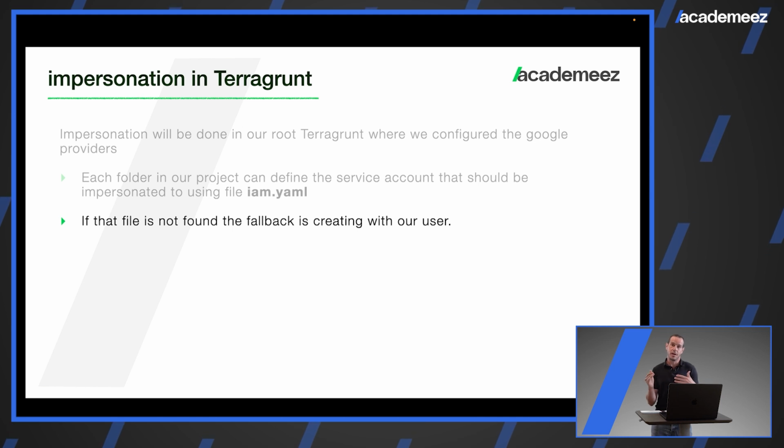If you're in a folder which does not have an IAM file, then it will go to the parent, or the grandparent, going up the hierarchy until it finds IAM.yaml. Now, if it goes all the way to the root and doesn't find this file, then there is no impersonation, and you will simply try to create resources using your own user.